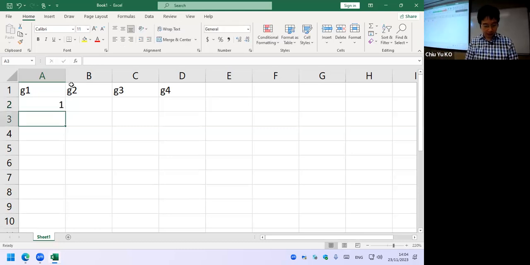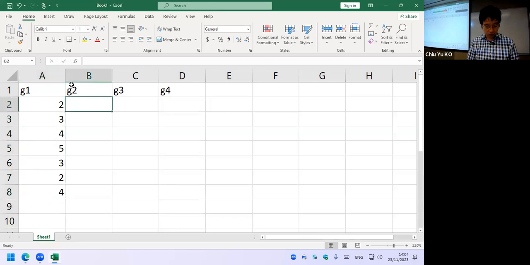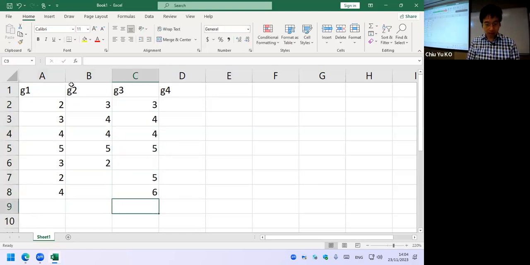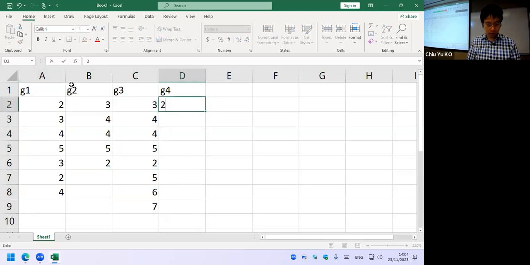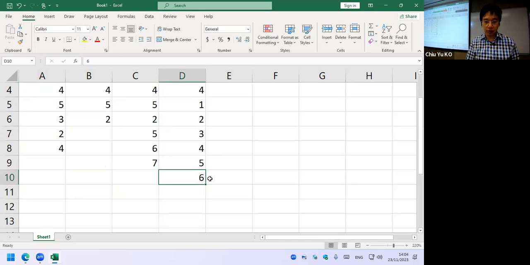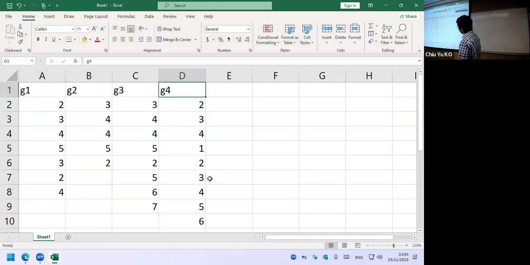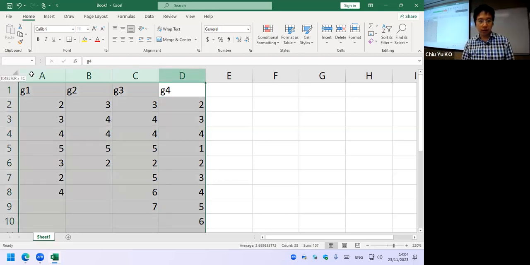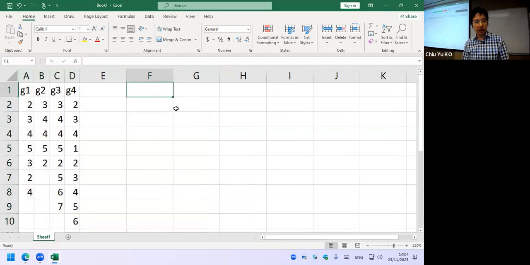So I just randomly put some numbers there. You don't have to follow my way of doing it. Maybe make it not too large. Okay, so that is the data I have, 4 groups.